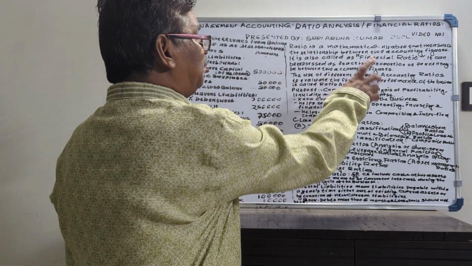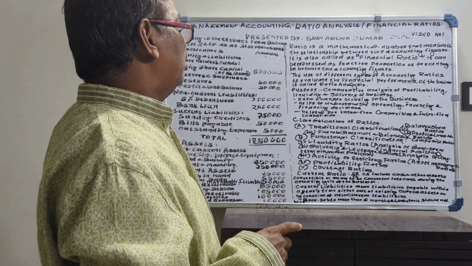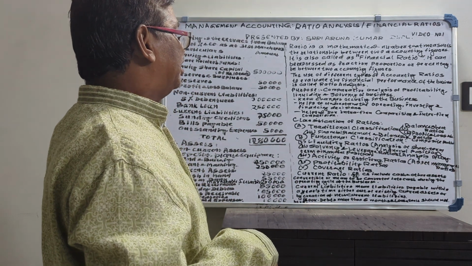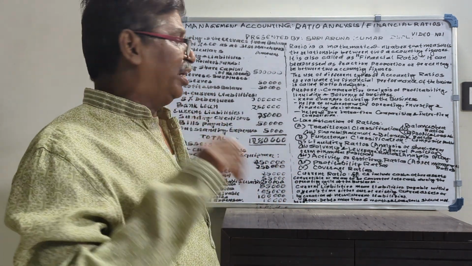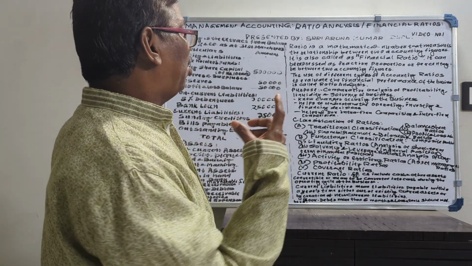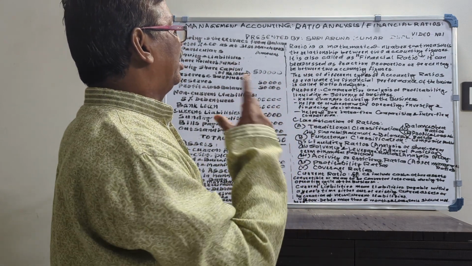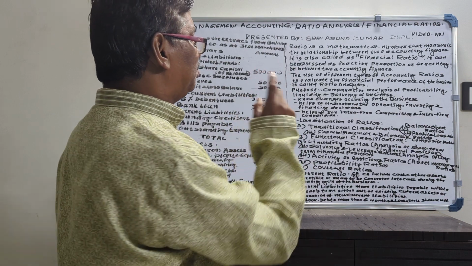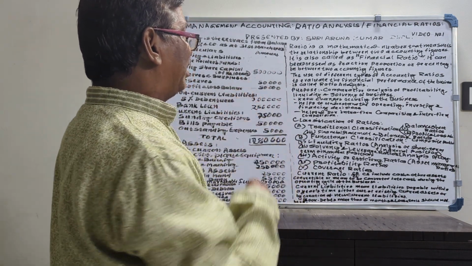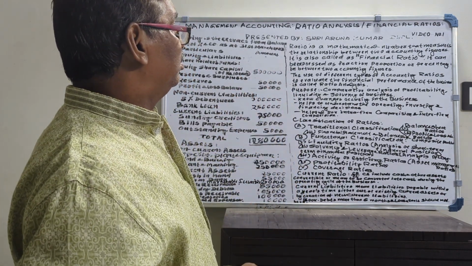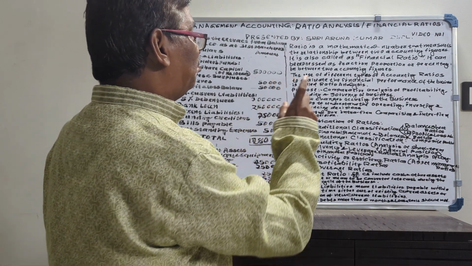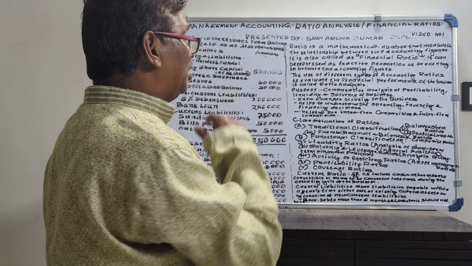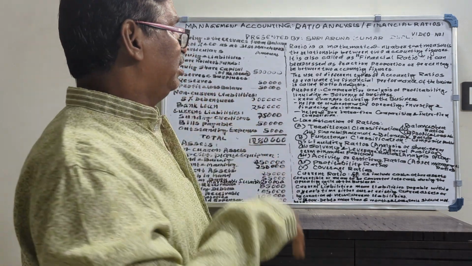So the use of different types of accounting ratio to evaluate the financial performance of the business is called ratio analysis. So what is the purpose of ratio analysis or financial statement? It helps the business to have a comparative analysis of profitability, liquidity and solvency of the business.